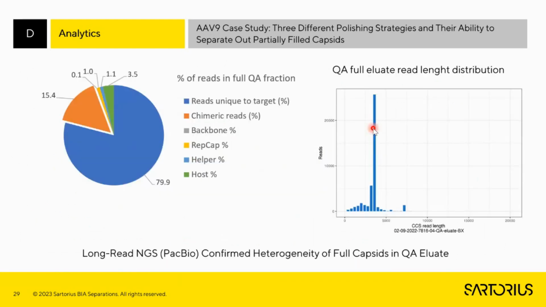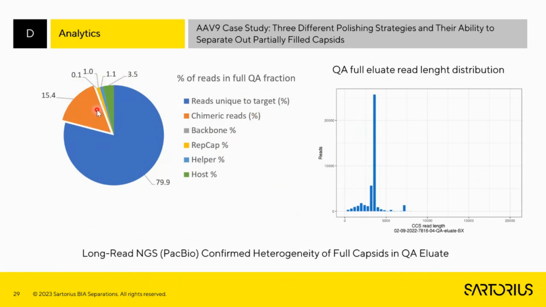A second analytic that was also done, as said, was next generation sequencing, and we used the long read, to assess the integrity of our capsid, of our product. We see that approximately 80% of reads were unique to the target, with read lengths in line with the AAV packaging format.